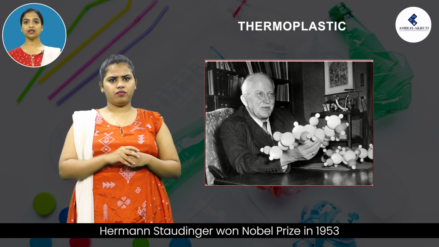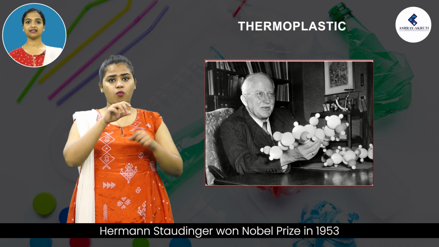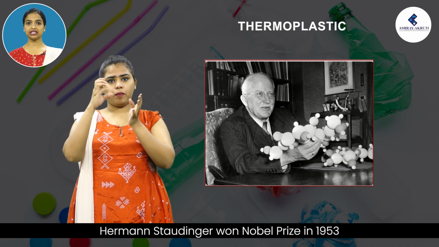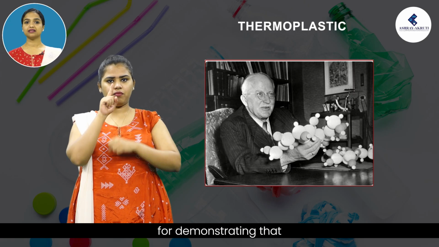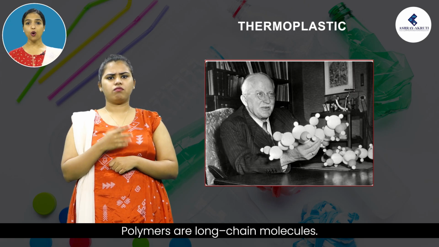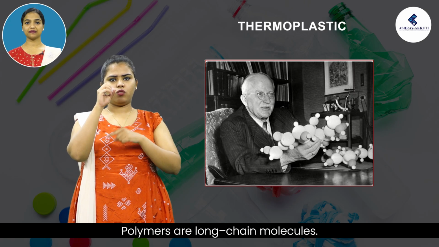Hermann Staudinger won Nobel Prize in 1953 for demonstrating that polymers are long-chain molecules.